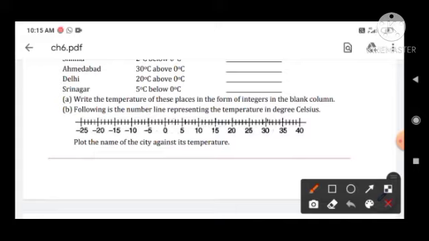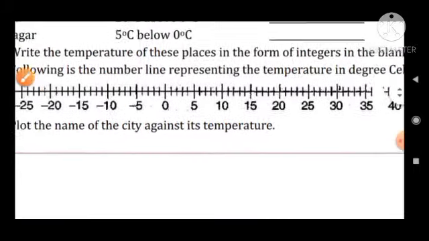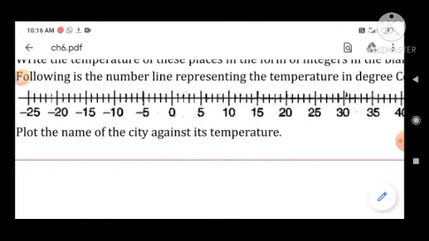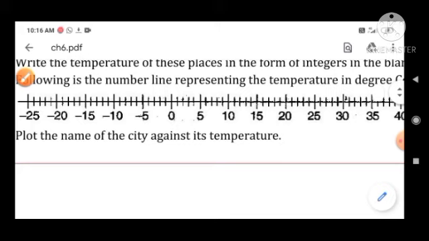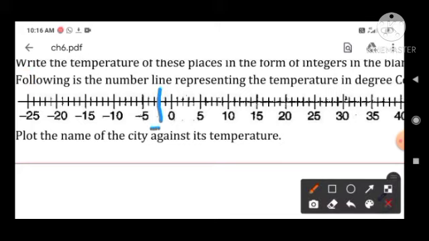So this is 0, isn't it? Then you can see 1, minus 1, then minus 2. So this will be on this side, isn't it? Okay, when I zoom, I will show you. So this part, yes, this will be minus 2.